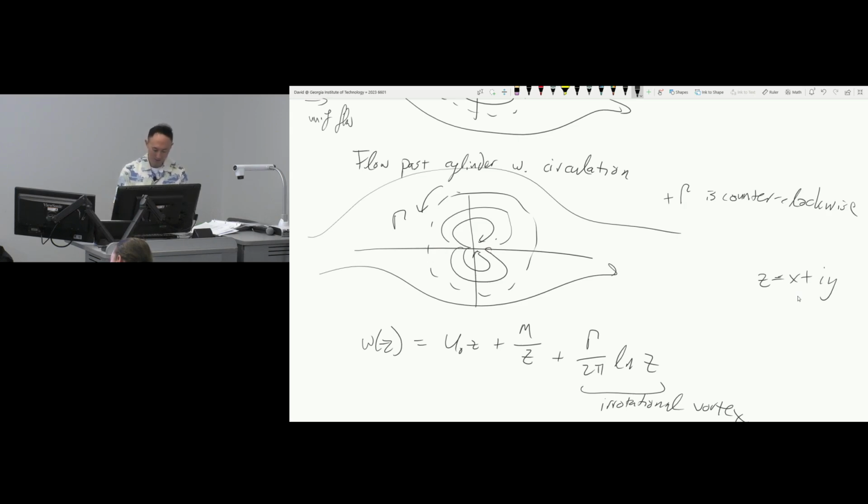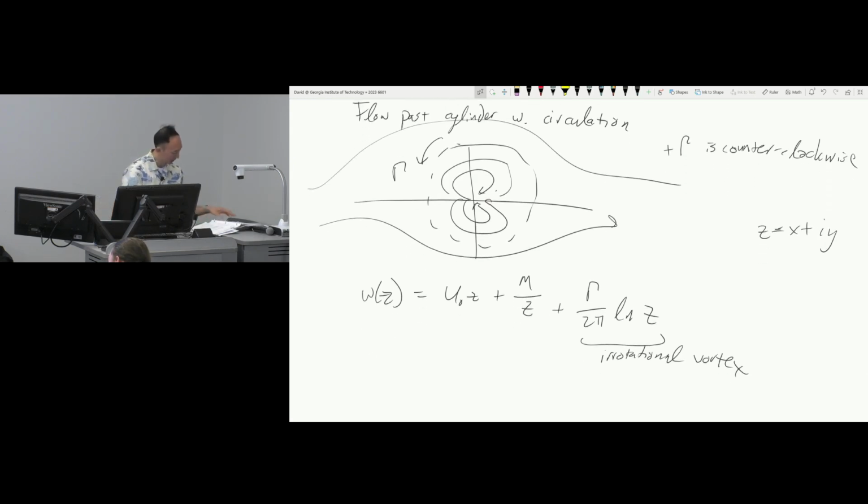And remember, the whole goal is to take dw dz, and the real part of that is going to give you your horizontal velocity, and the imaginary part is going to give you vertical velocity.